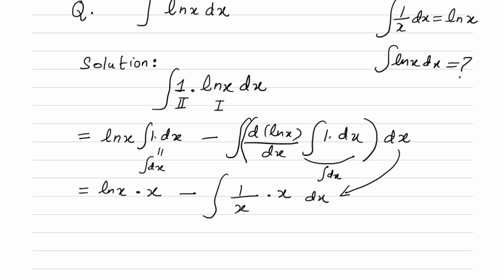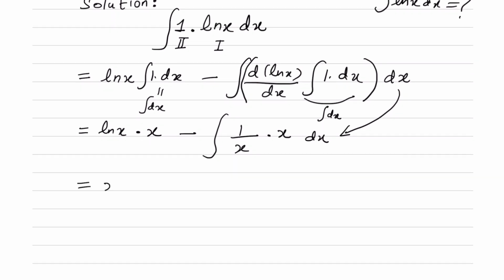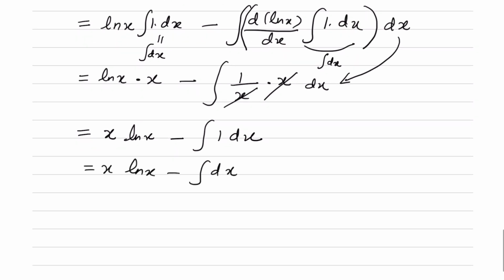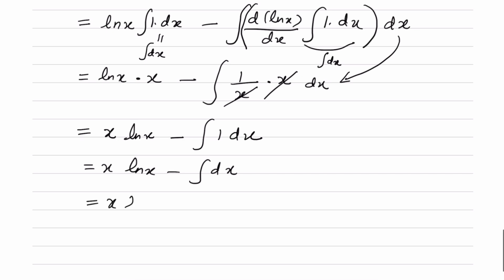This gives you x ln x minus, this x cancels with this x, integral of 1 dx. So you have x ln x minus x plus some constant. You have just solved the integral of ln x by integration by parts.